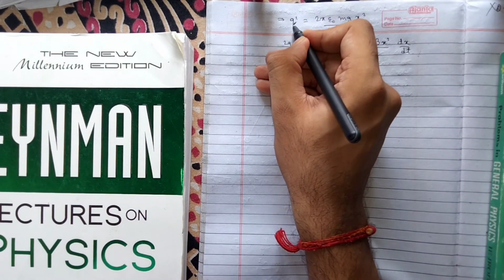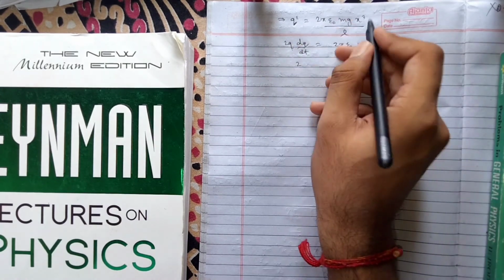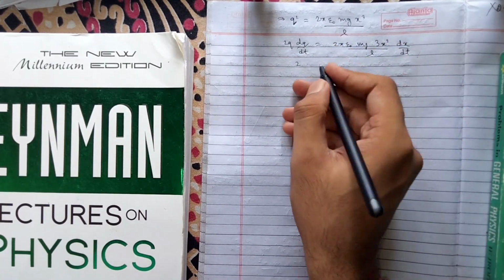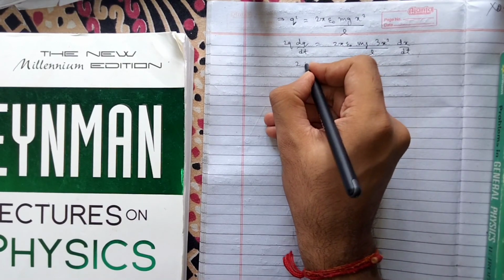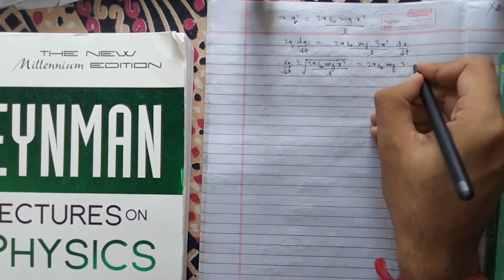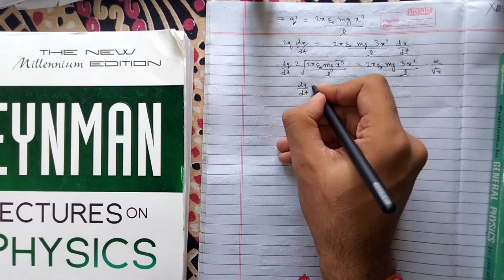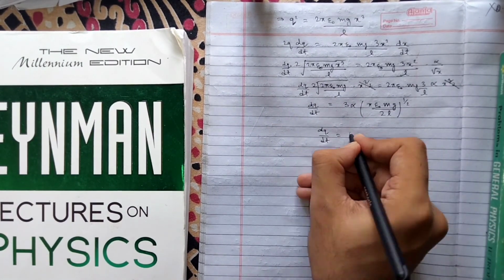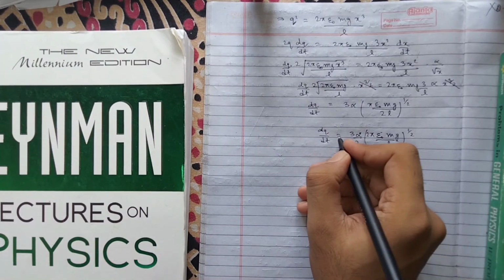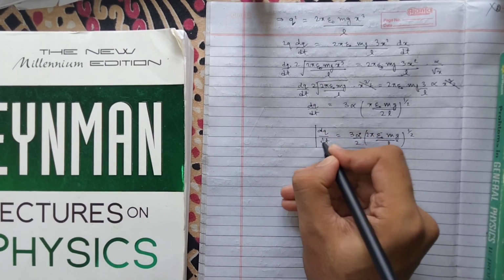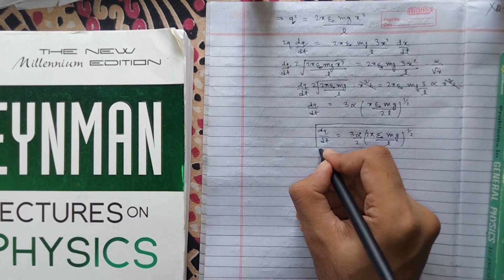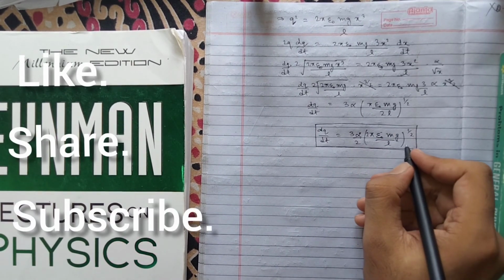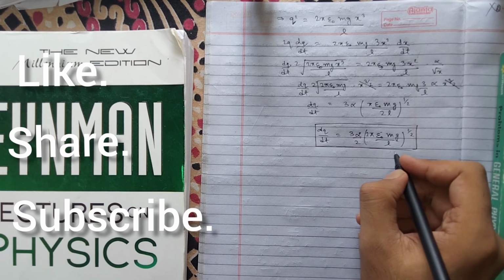That can be obtained by under rooting these two quantities here. And thus we have found dq by dt, and this concludes the third problem of this series. Thank you for watching.